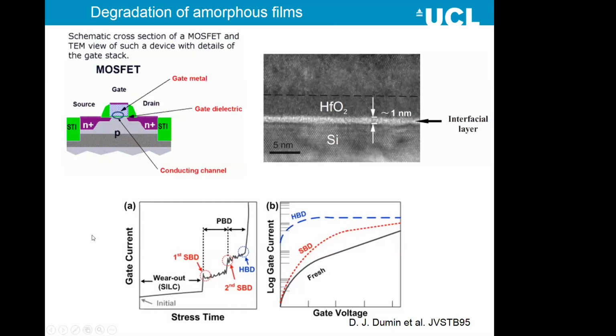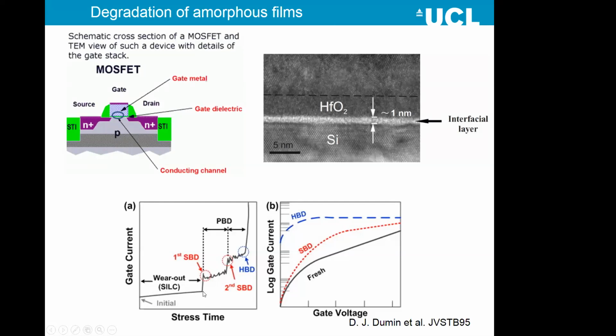These are real devices which are powering our computers at the moment, but they basically degrade over time. On the bottom, there are some graphs which show the idea of that decay. If you apply bias to this type of system over time, you get some degradation of the oxide, which is reflected in the current through the oxide, which is increasing.